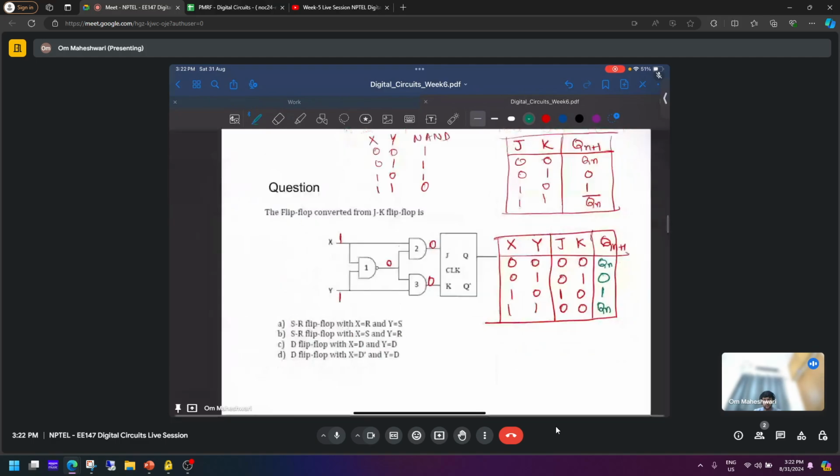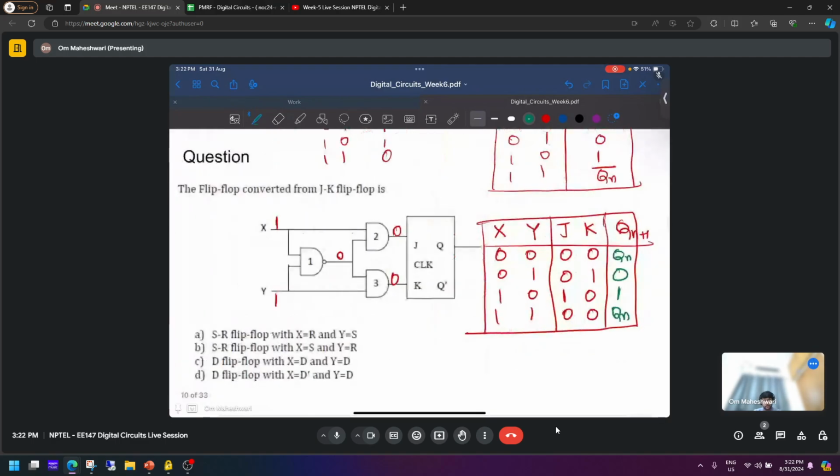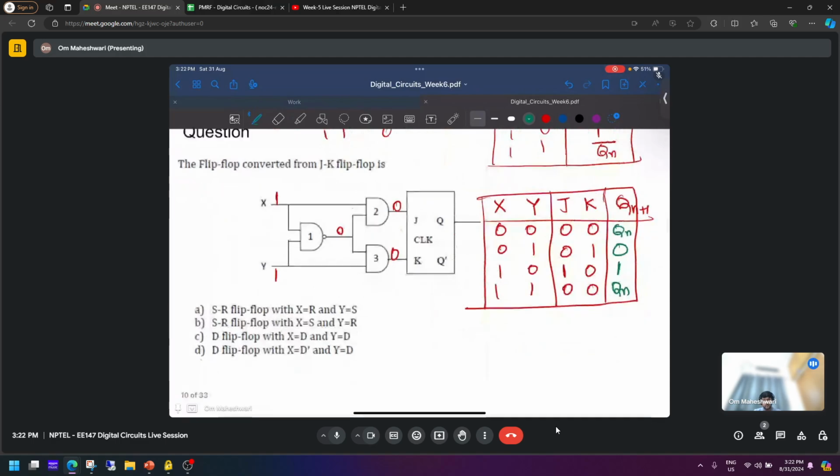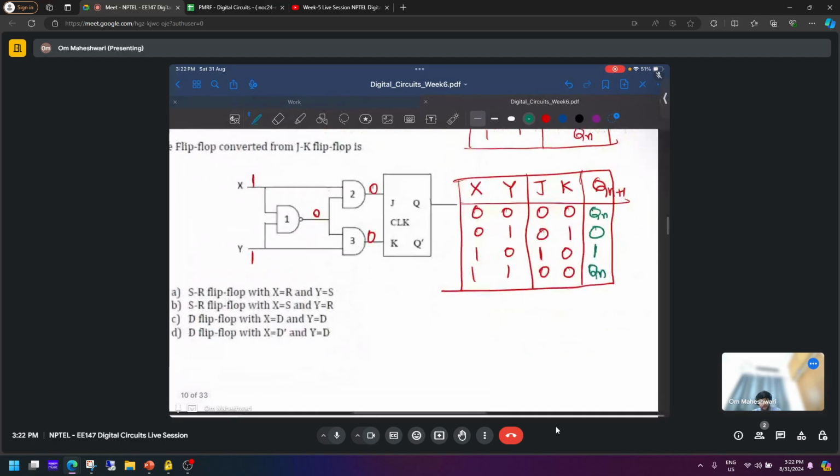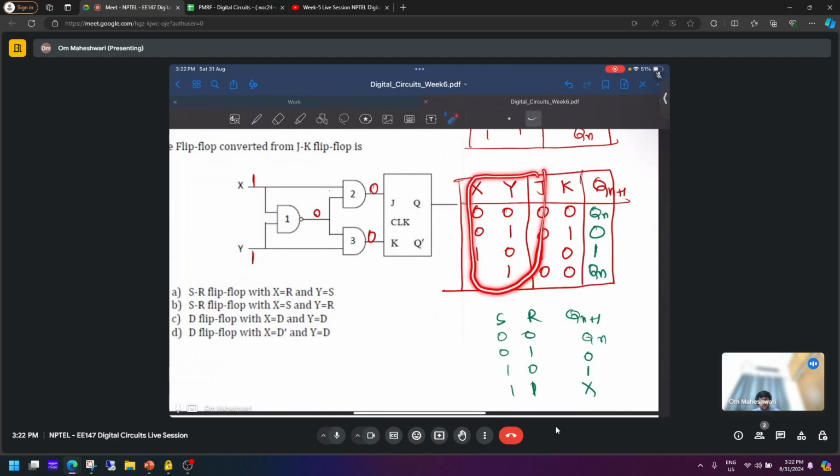So now what kind of flip-flop is this? If you remember the SR flip-flop table, this X, Y, and Qn plus 1 is same as SR flip-flop.